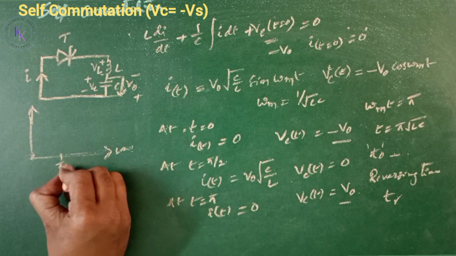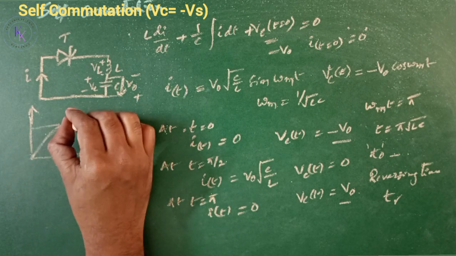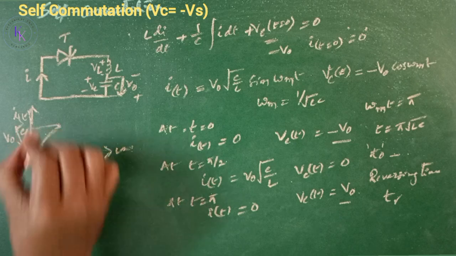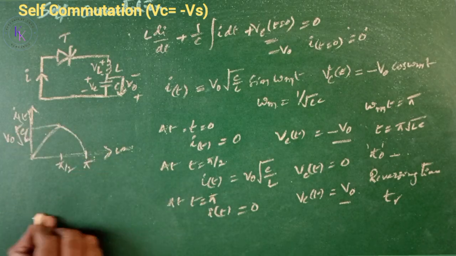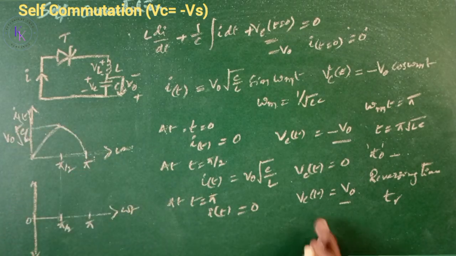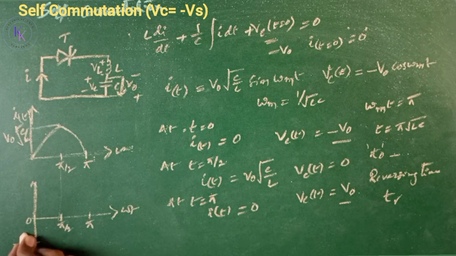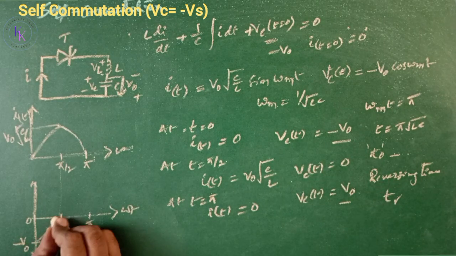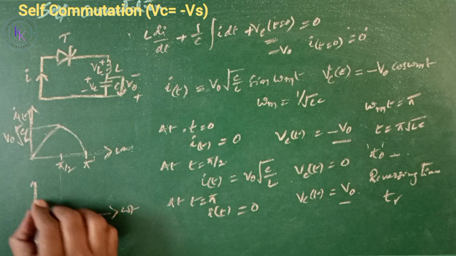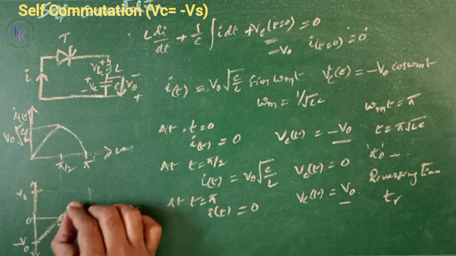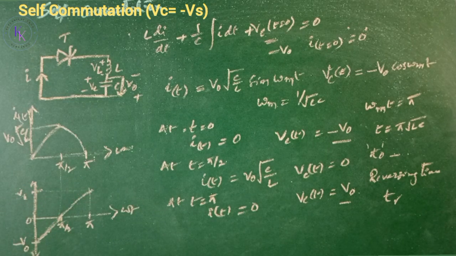At pi by 2, the current is high and equals V naught root C by L, and becomes 0 at pi. At 0, the voltage is minus V naught. At pi, the voltage is plus V naught. This is nothing but reversal of voltage happening at the capacitor.